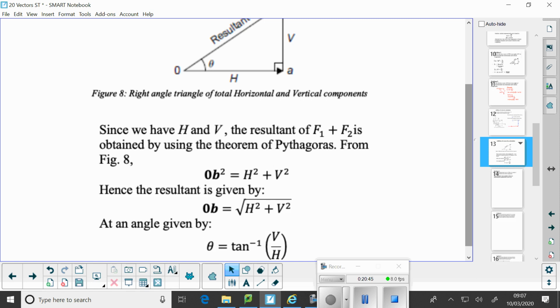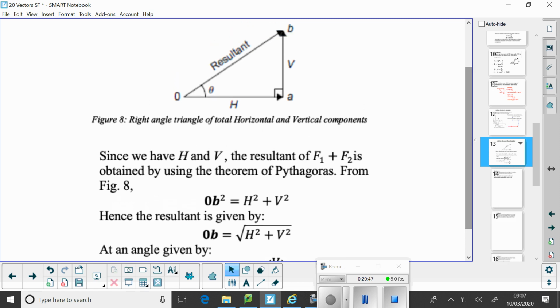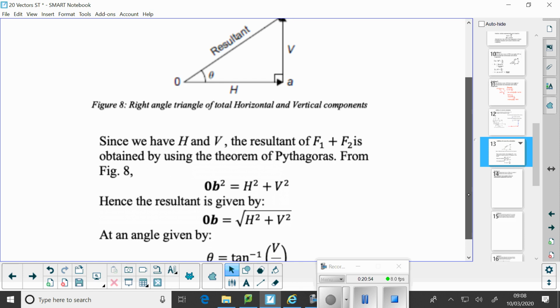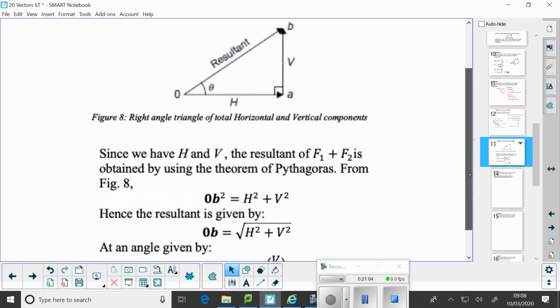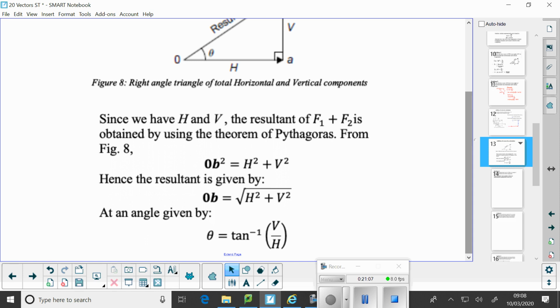We can find the length of the hypotenuse, the length of the resultant, from H squared plus V squared, and taking the square root of it. And we can find the angle using the tan function, tan to the minus 1 of V over H. So that's the method for finding a resultant by adding the vertical and horizontal components separately.